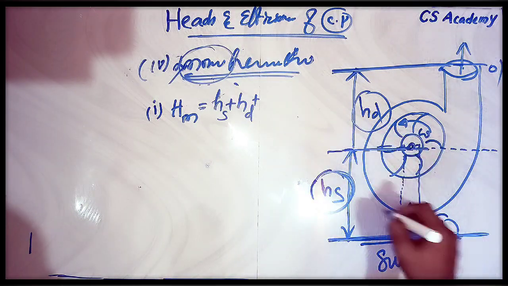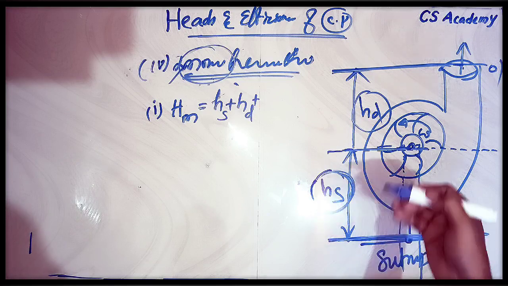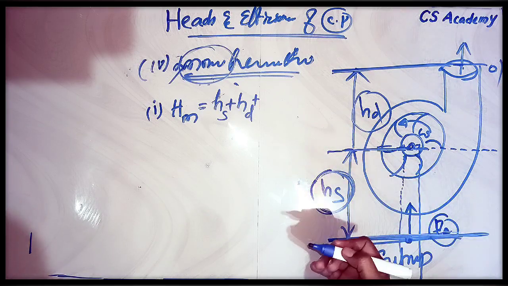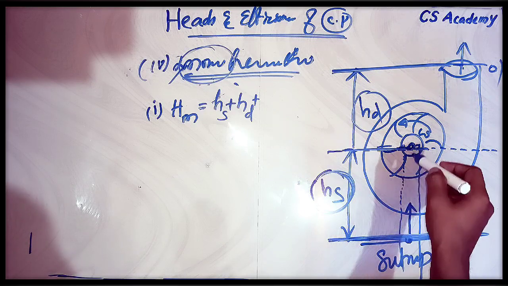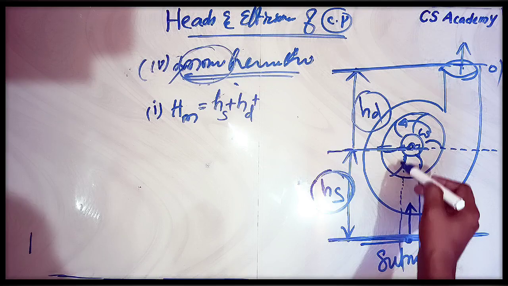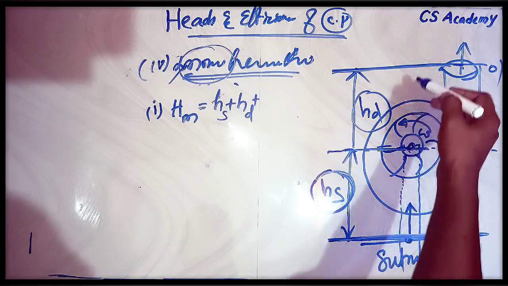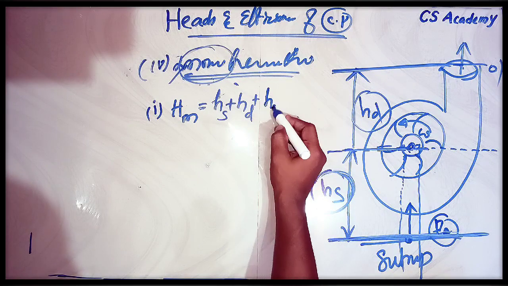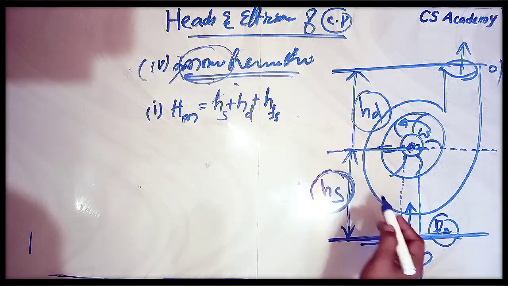To run this centrifugal pump, we are supplying some power externally. Yes or no? That means the total head developed by the centrifugal pump has some losses in the suction head and delivery head. These are the losses in the suction pipe.